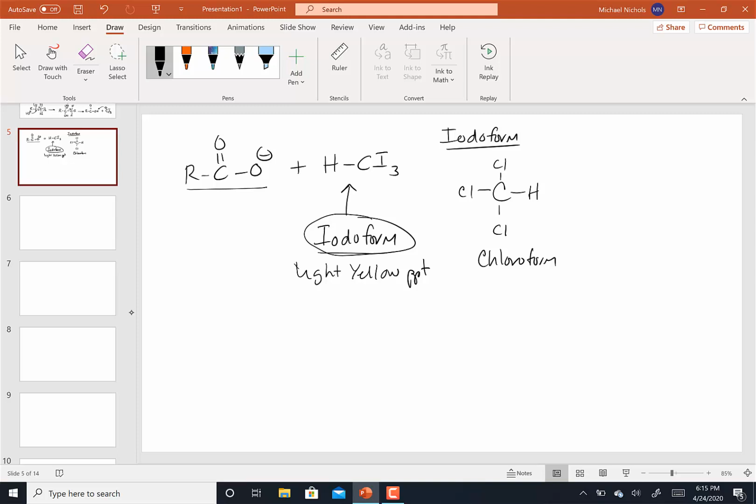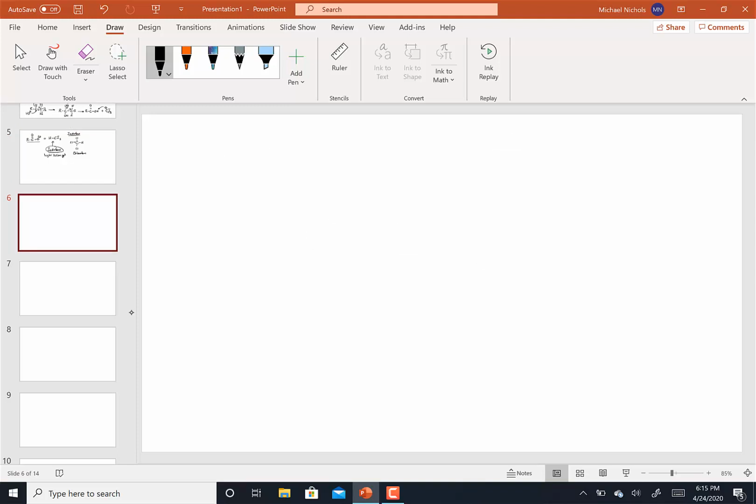Okay, let's talk about, before we get into enolate chemistry, one more reaction that isn't really related to enolate chemistry, which is called the Hell-Volhard-Zelinsky reaction.